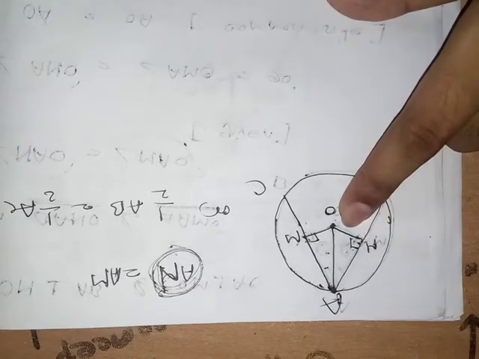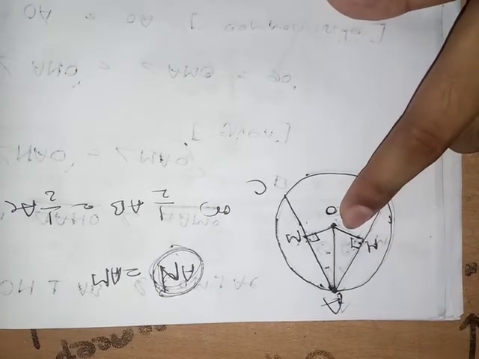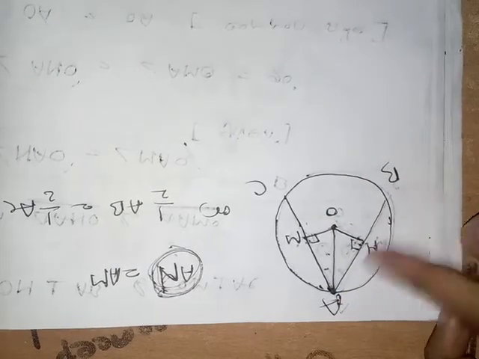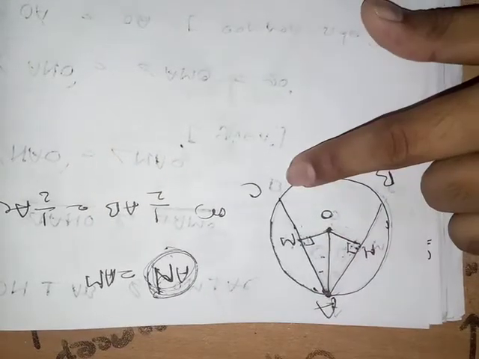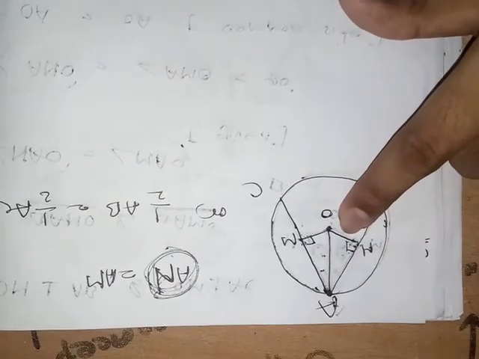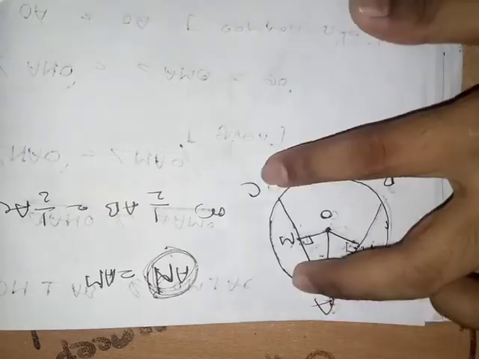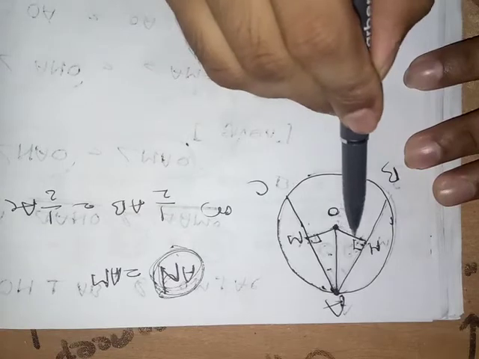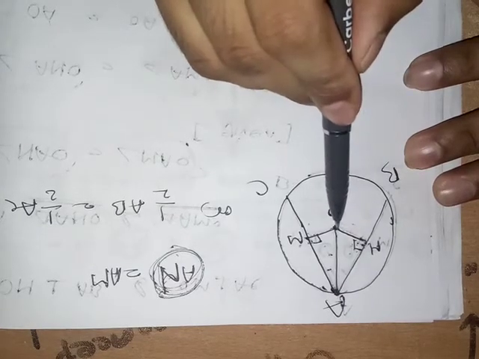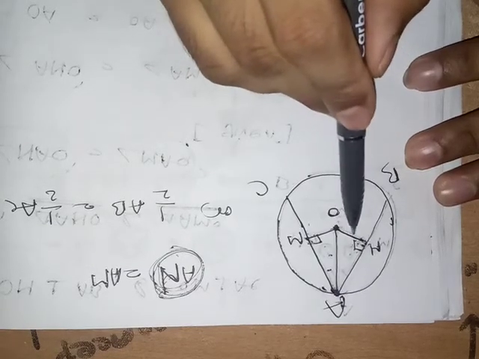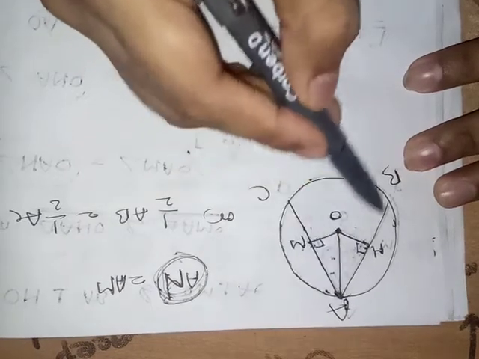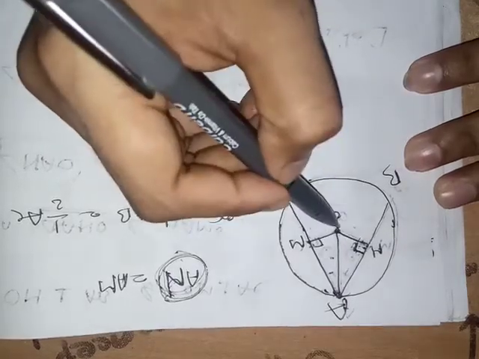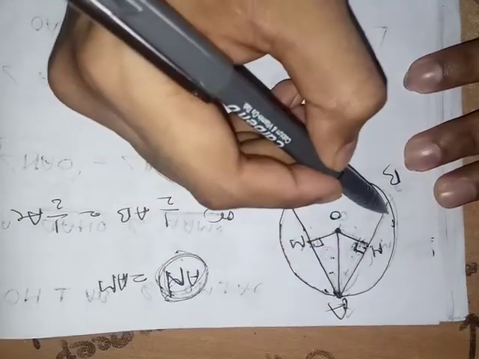So if we draw a perpendicular from O to a chord AB or AC, that perpendicular divides that chord into two equal parts. So we drew this perpendicular from O to AB. This one is 90 degrees, so we can easily say that this perpendicular has divided this chord into two equal parts.